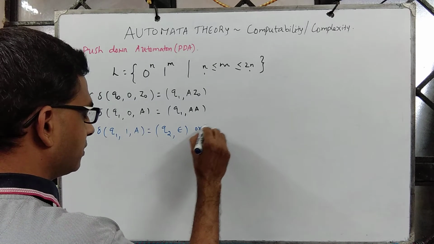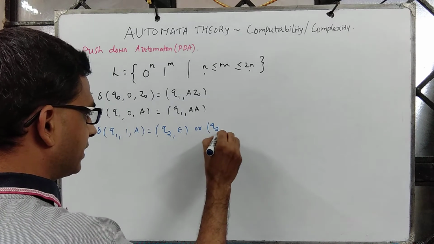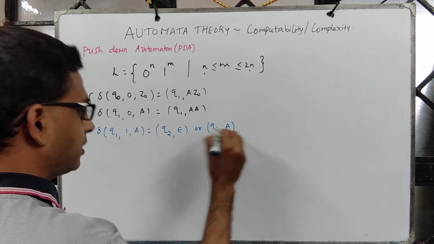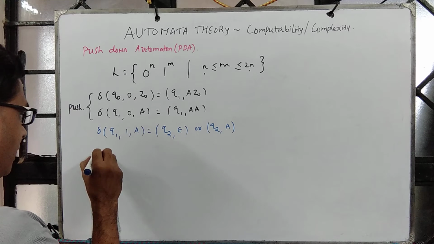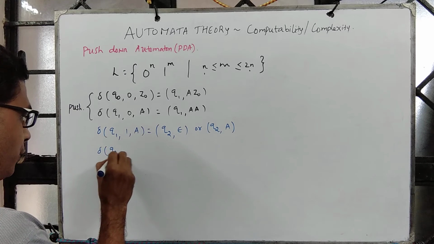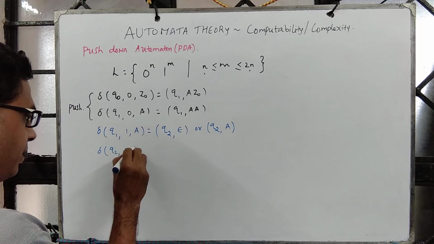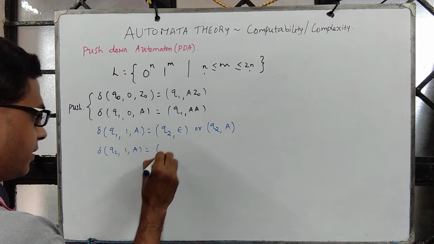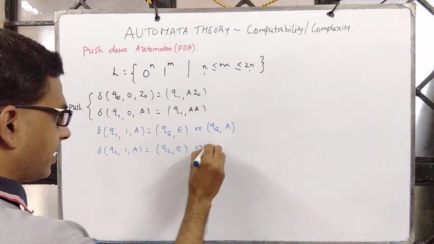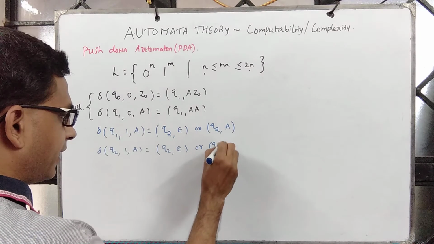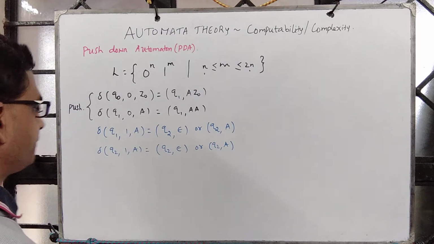Either this or we skip, which means top of the stack is still A. Now I am in Q2, read 1, A. So here again we either pop or skip and read the next one.